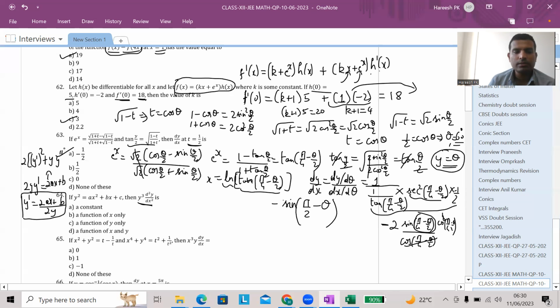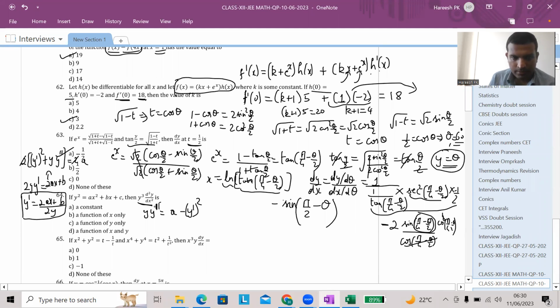And this whole thing we equate to the derivative of 2ax plus b, which is simply 2a. So 2 gets cancelled. So then I'll end up getting y double dash is equal to a minus y dash whole square.